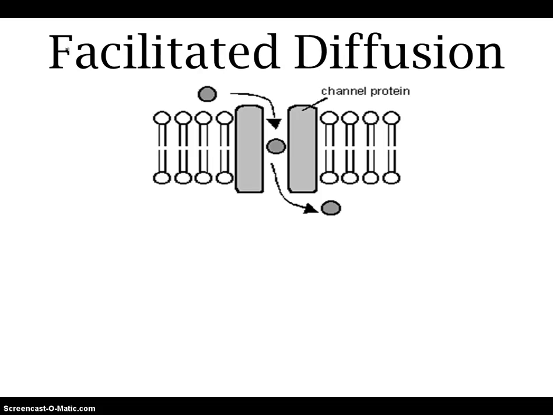You have large molecules that maybe can't pass through the cell membrane through osmosis or diffusion. However, they still don't need energy to move them because they're moving from a higher concentration to a lower concentration. They're moving down the concentration gradient, so they can just pass through a channel protein, no problem, and it doesn't need energy.